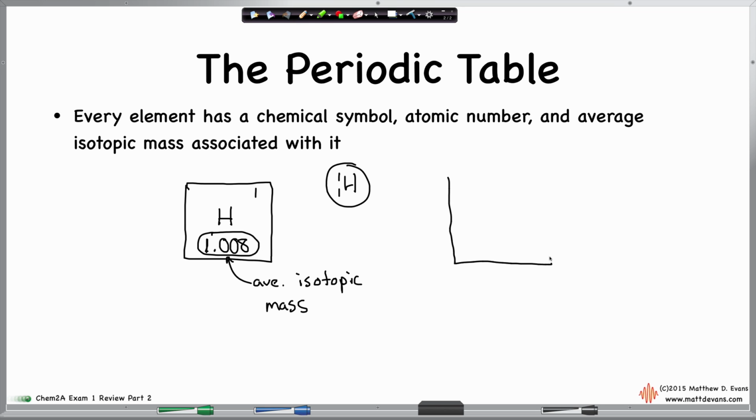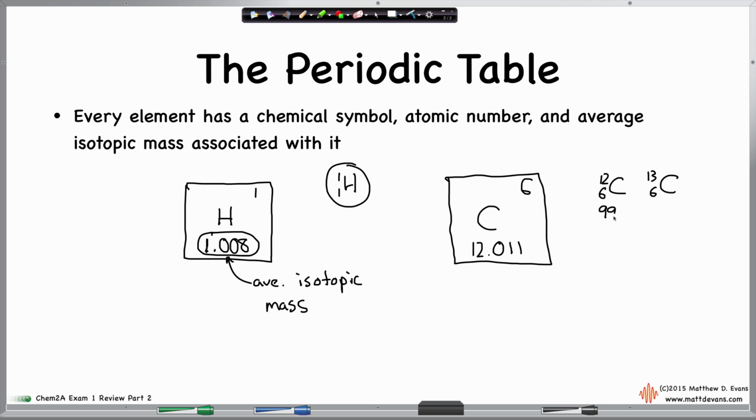Now I can take you to carbon here for a second too. So here's carbon. Carbon symbol, of course, is carbon. It's carbon with a C. And its atomic number is 6, and just from memory, it's 12.011 atomic mass units for this, and this is also an average isotopic mass. And the way we calculate this is we look at the percentages of the 2 common isotopes, carbon-12, carbon-13.